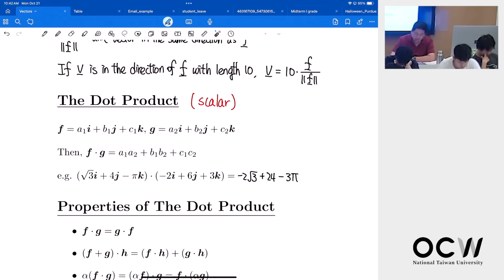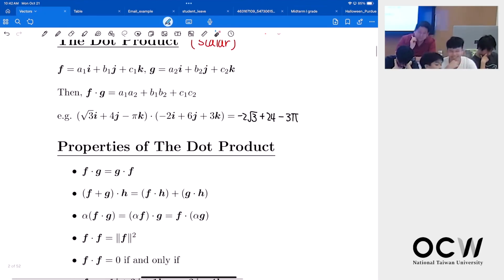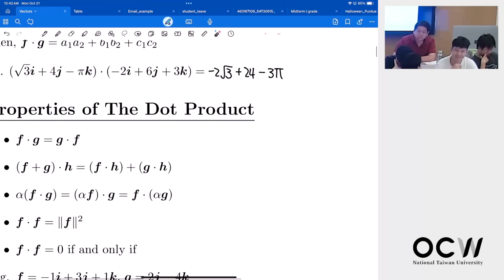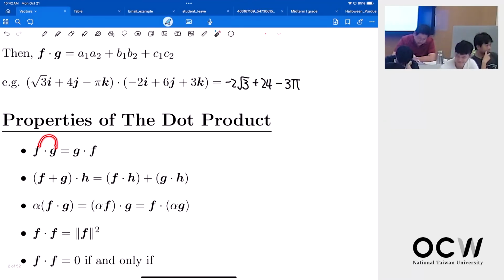Okay, and you see that this is a scalar, not a vector. So here are some properties of the dot product. F dot G, I can also switch these two. Again, the order doesn't matter. Okay, this is called commutative.